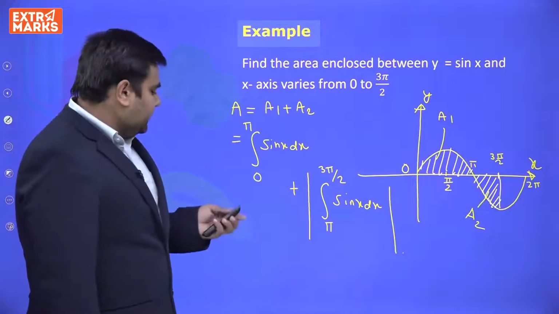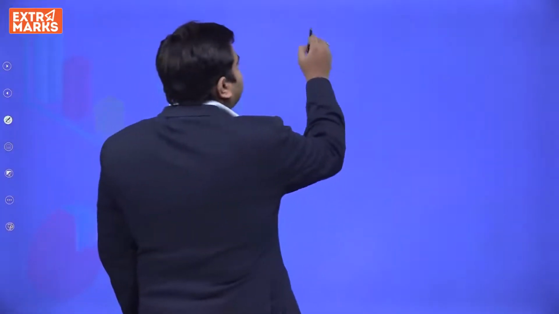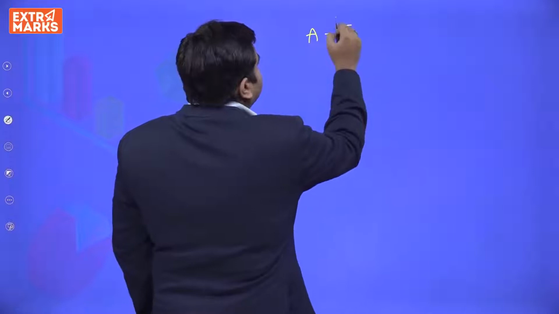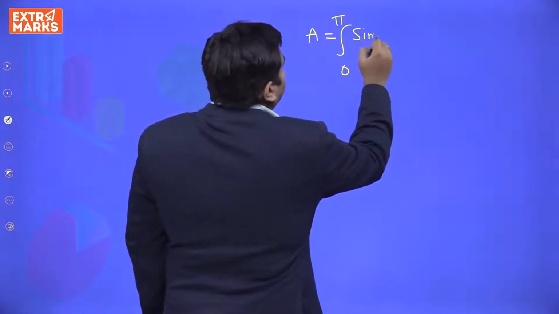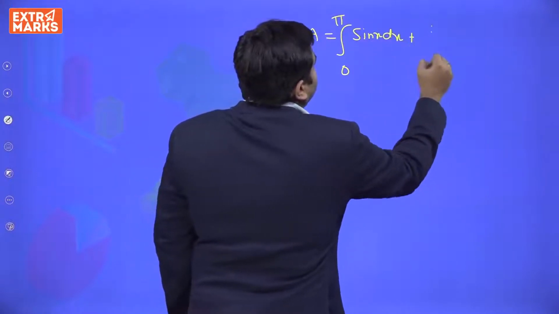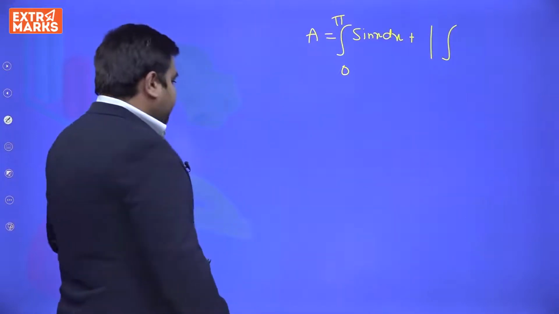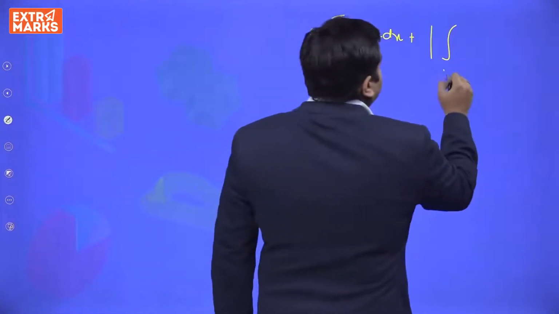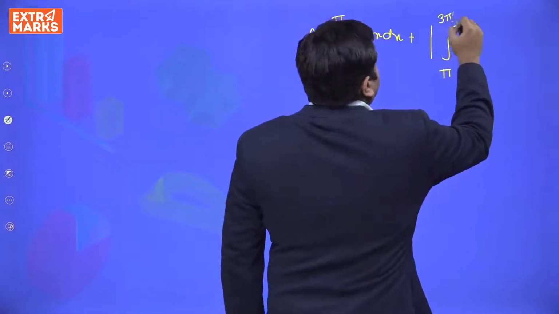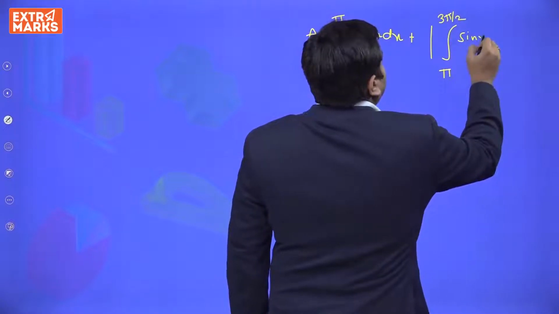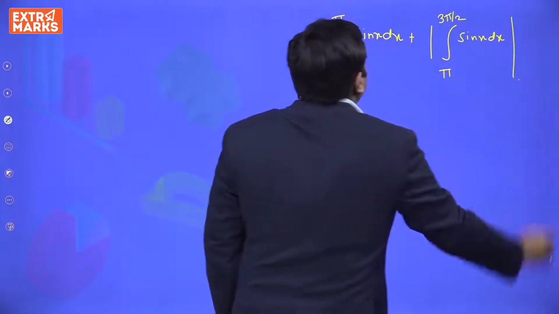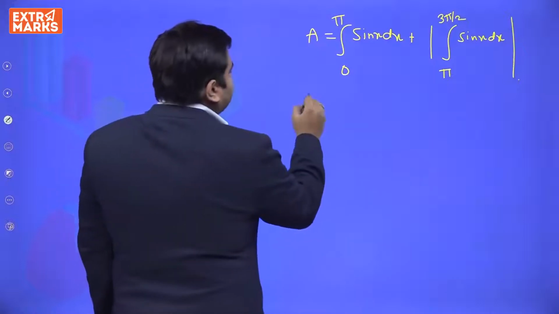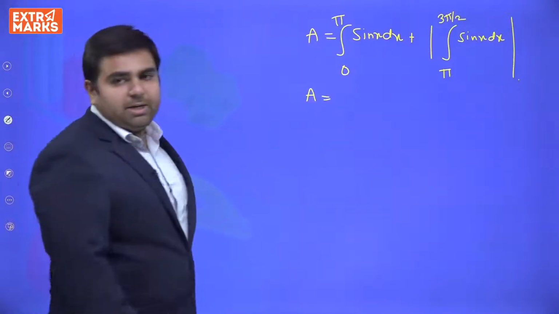So let's move further. I shall write down the area expression once again. This is the integral from 0 to pi of sin x dx plus modulus of the integration of sin x from pi to 3 pi by 2, right? So what is the integral of sin x?